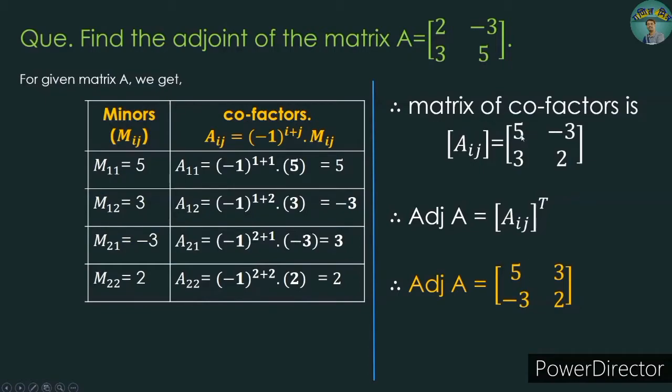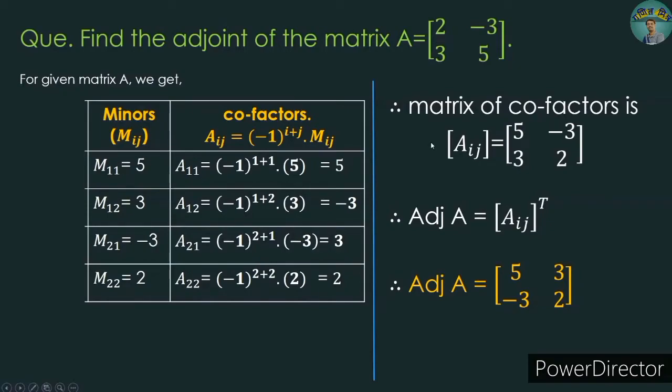So this 5 minus 3 first row is written as the first column 5 and minus 3, and 3 2 is the second column 3 2. So this is the adjoint of the given matrix. This is the way we can find out the adjoint of a 2 by 2 matrix.